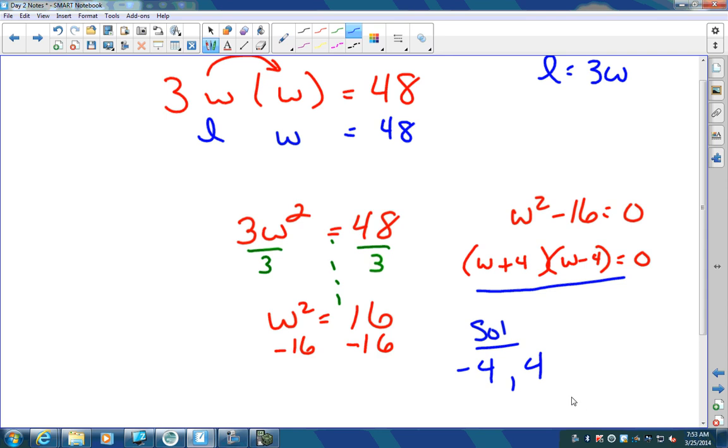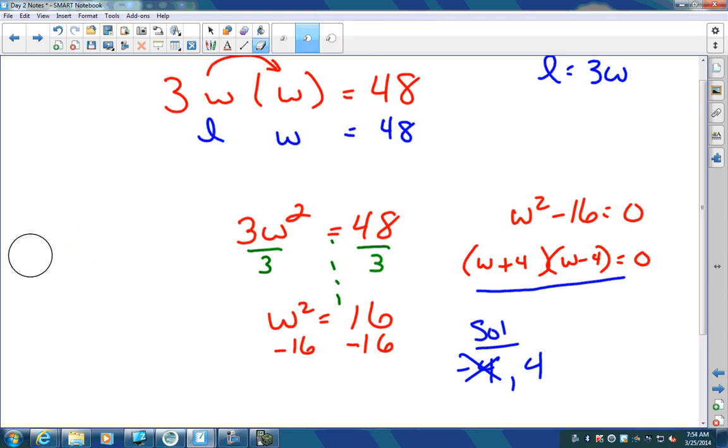Okay? Here's what happens in these word problems. What are these numbers representing? What's the problem asking for? The width. Which one of those two numbers can width not be? Can't be negative 4, so the width can't be negative 4. Okay? So I have my length, sorry, I lied.